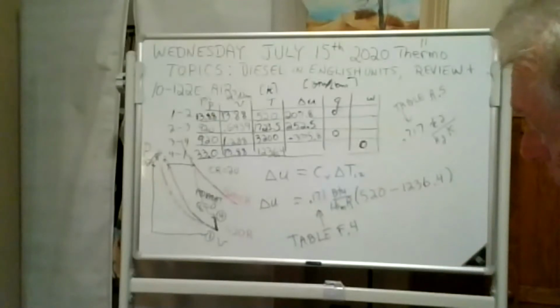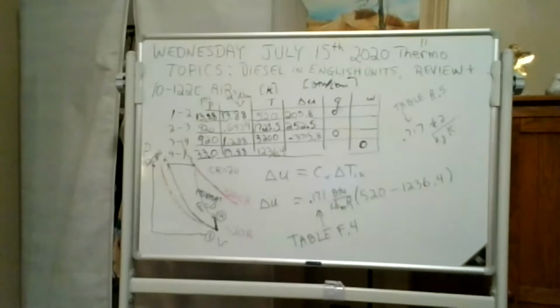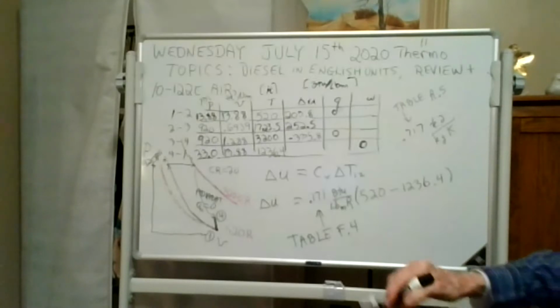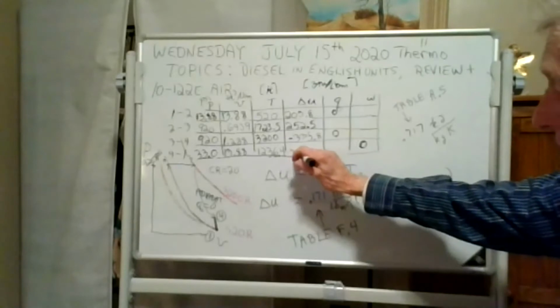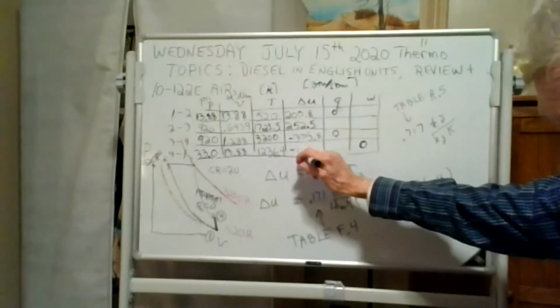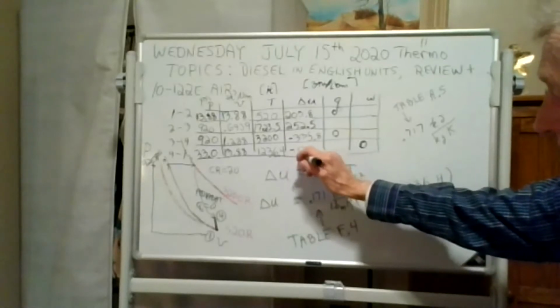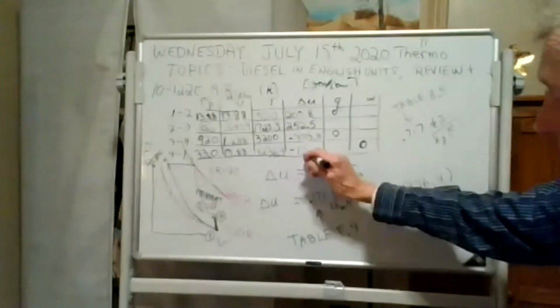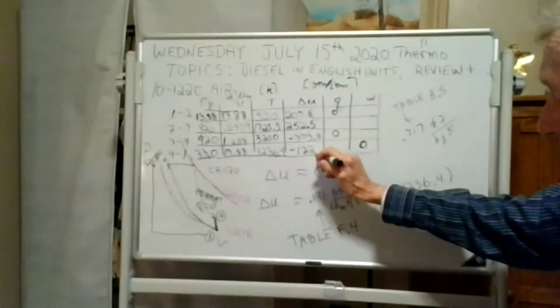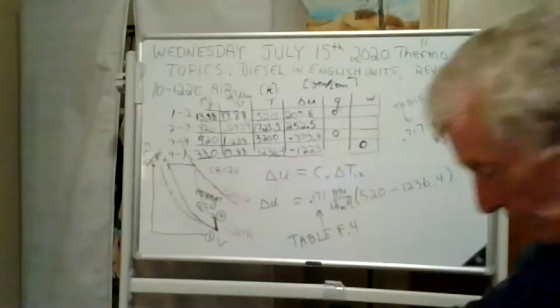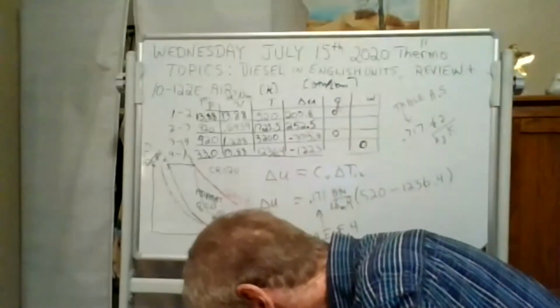Okay, here goes. 520 minus 1236.4. Did you get a negative 122.5? Negative 122.5. Yeah.